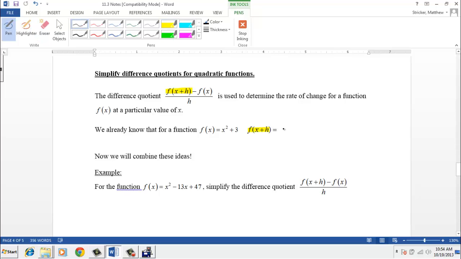F of x plus h, we're just going to take x plus h and plug that in as our input. So it's going to be, instead of x squared, x plus h squared plus 3, which we know is x plus h times x plus h plus 3, or x squared plus 2xh plus h squared plus 3.